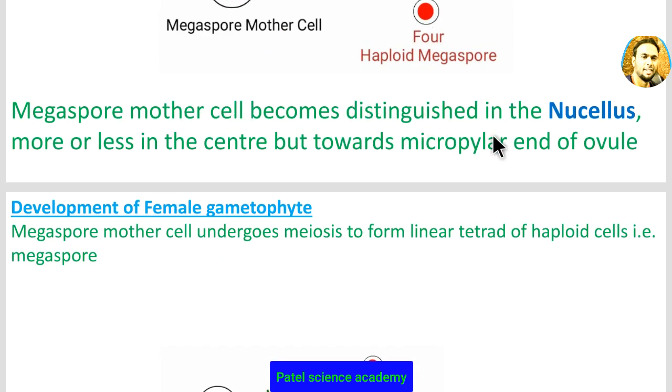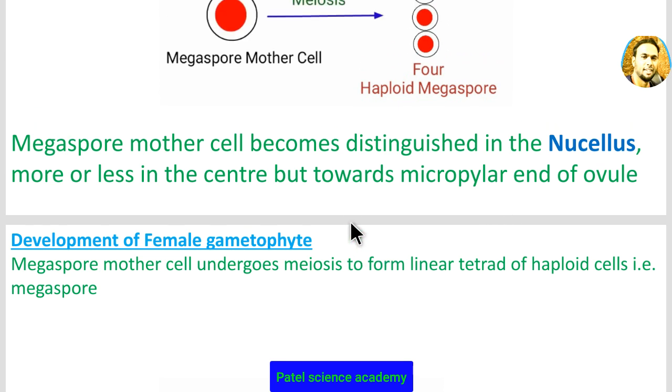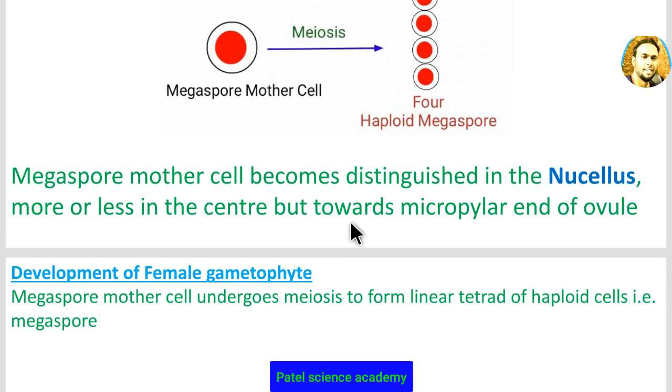The megaspore mother cell becomes distinguished in the nucellus, more or less in the center, towards the micropylar end of the ovule. As you know, in the ovule there is the nucellus, a parenchymatous tissue, and in that nucellus there is the 8 cell structure, the embryo sac.